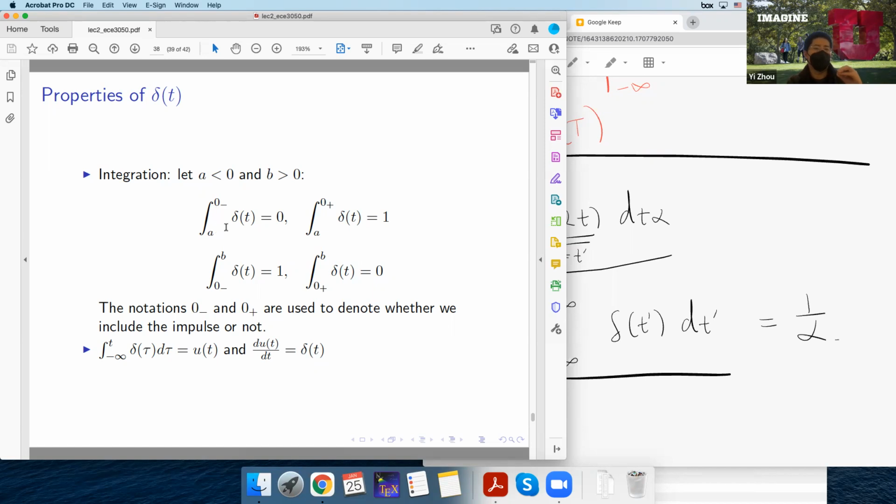So by definition of delta t, it is always 0. Because this interval never touches the original point, delta t is always 0 in this interval. And similarly, if the integration is over 0 to the right to another positive number, again, this integration never touches the original point. So this is also 0.